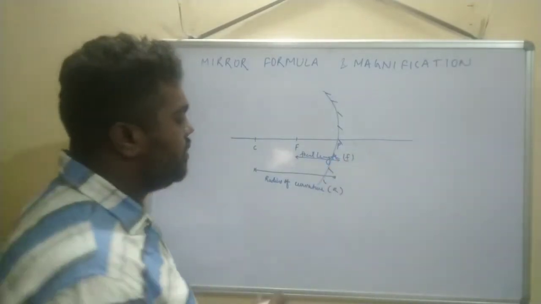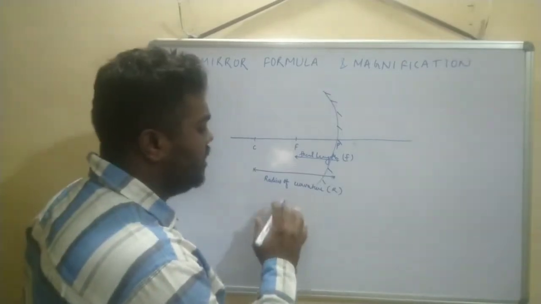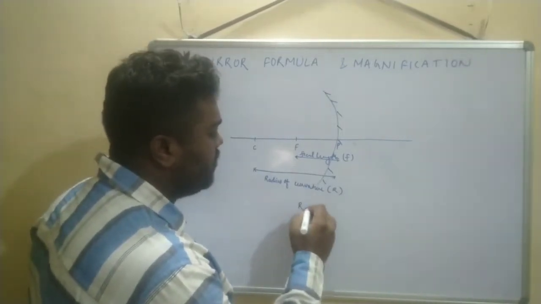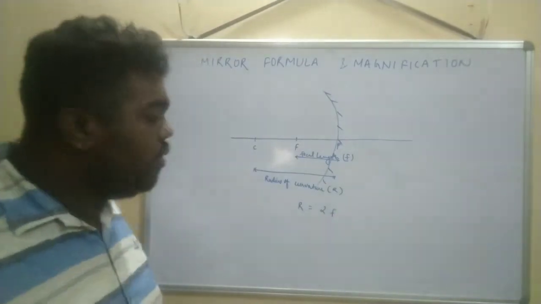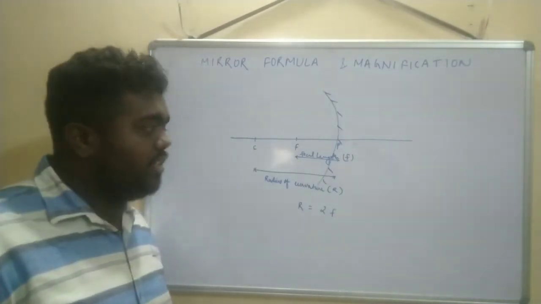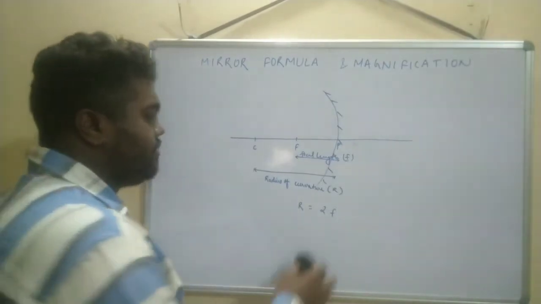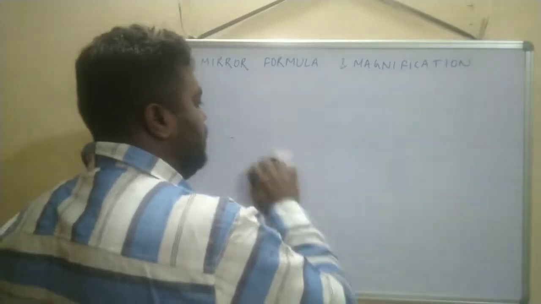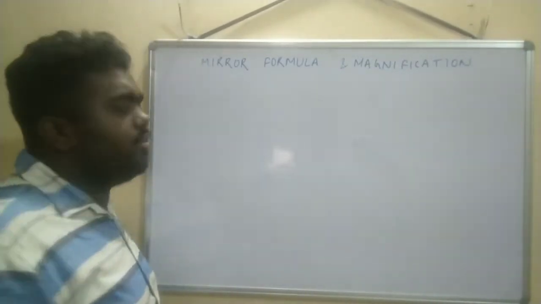And the relation between focal length and radius of curvature is R equals 2 times the focal length, or focal length is equal to half of the radius of curvature. Now for moving further, we come to mirror formula. This was the vital information you should remember.